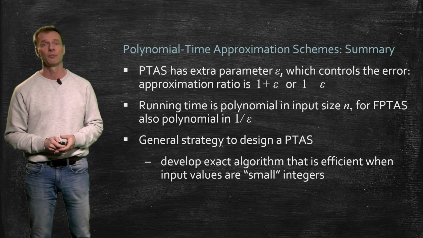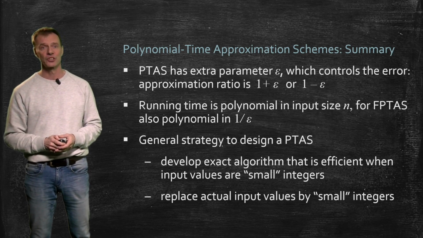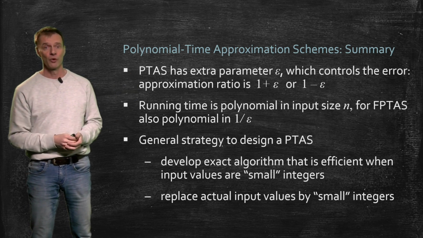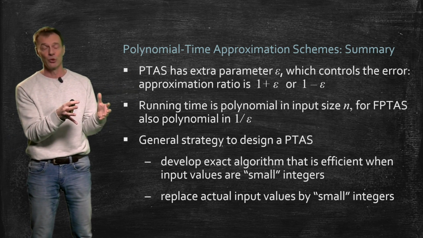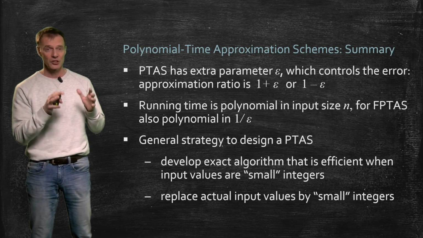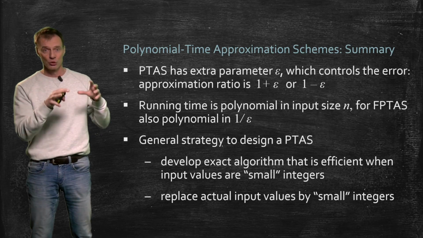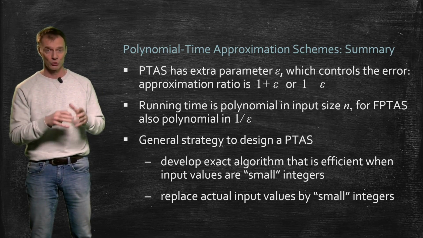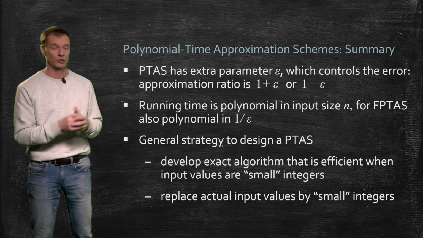So that's step one. After you do this, if you want to look at the general problem, what you do is you take the input values, which are not necessarily integers, and come up with a way to round these values to integer values. So to replace them by integers.